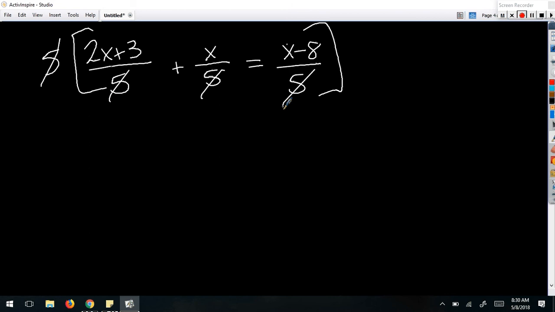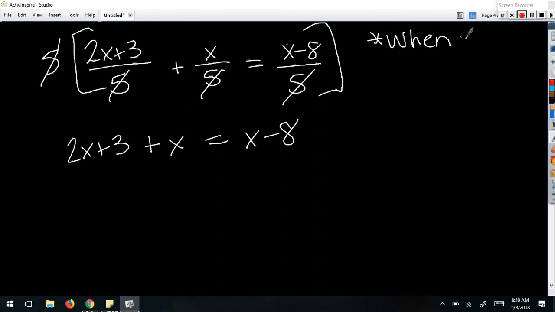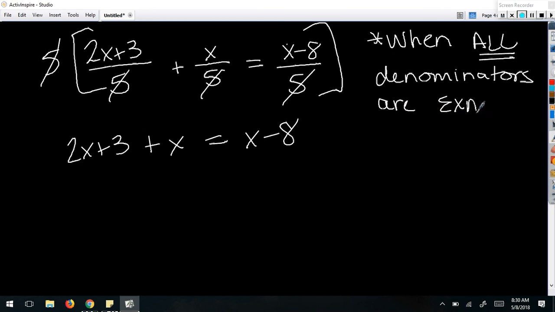Okay, so I get 2x plus 3 plus x equals x minus 8. But the key is that all denominators are exactly the same.